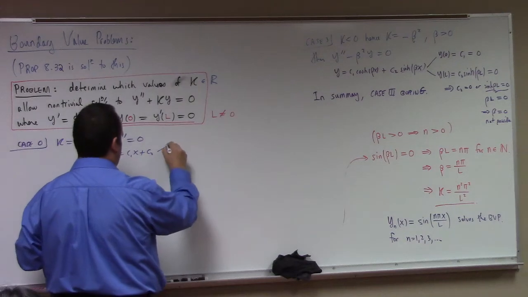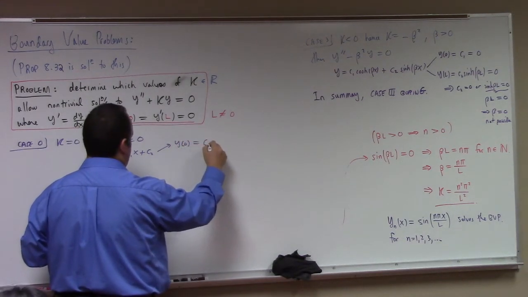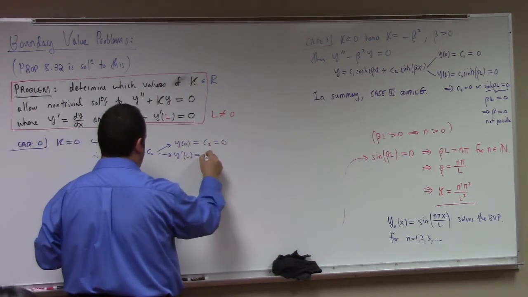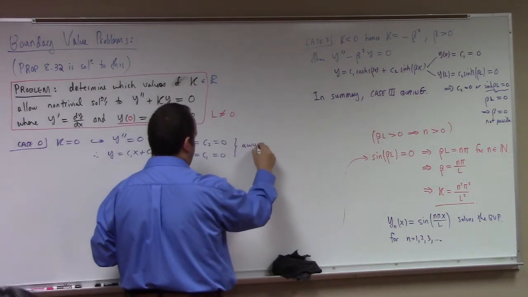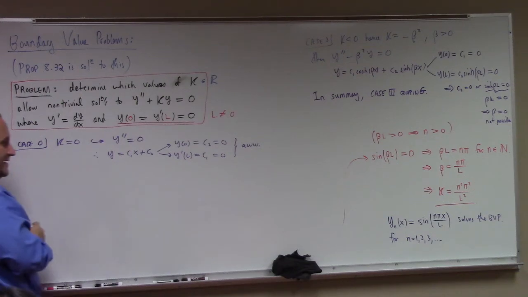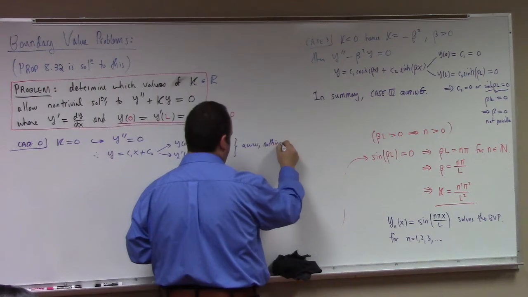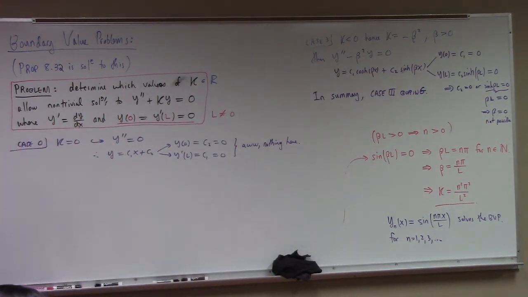Hence y of 0 is c2, which is equal to 0, and y prime of L is c1, which is equal to 0. Nothing here except for the 0 solution.